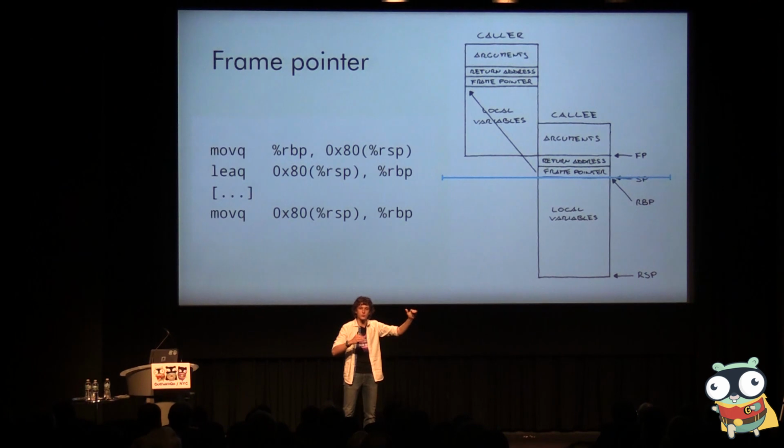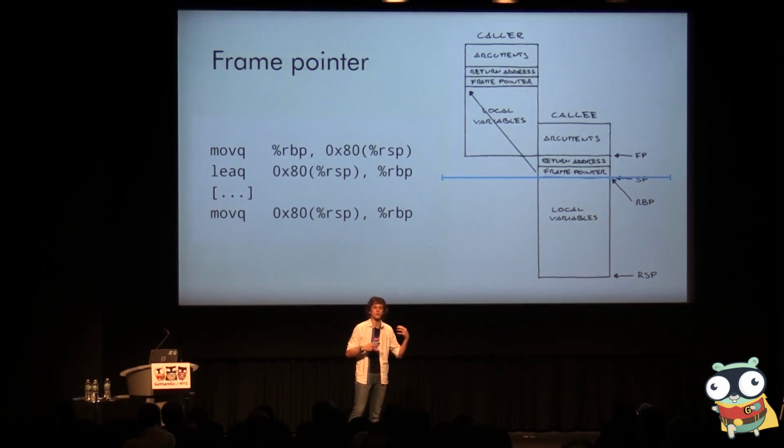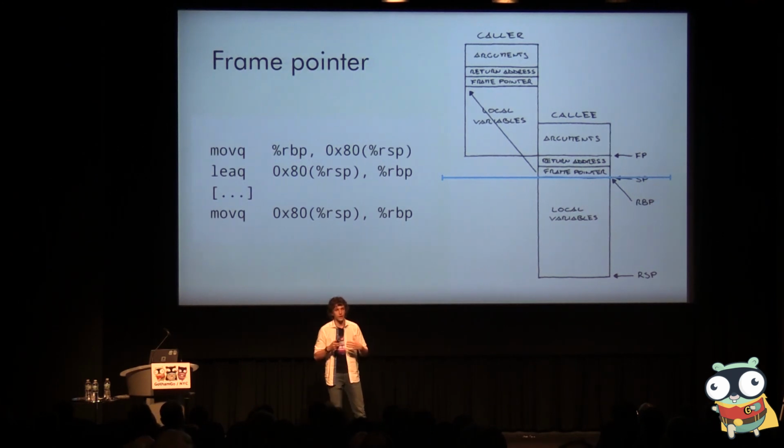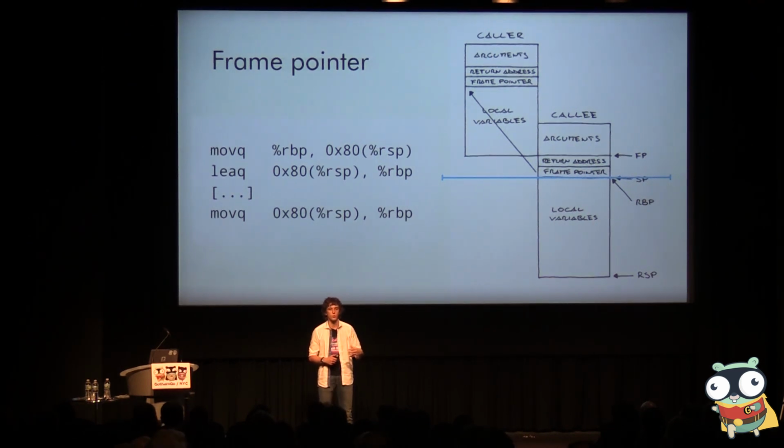And what that allows you to do is find the return address, which is sitting just on top of the frame pointer. And each return address tells you a function in the call stack. So this is for fast debugging and profiling. Interestingly, I don't think the Go runtime uses this much, but it's in there so that Go executables are compatible with tools like perf, for example, just out of the box.